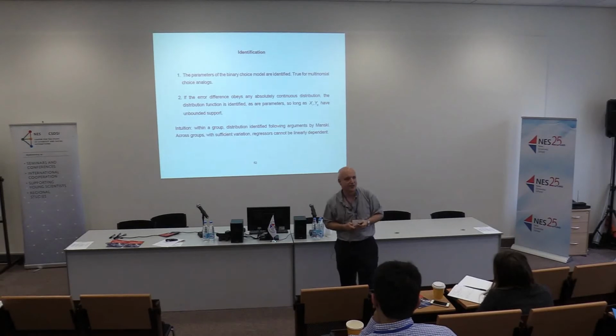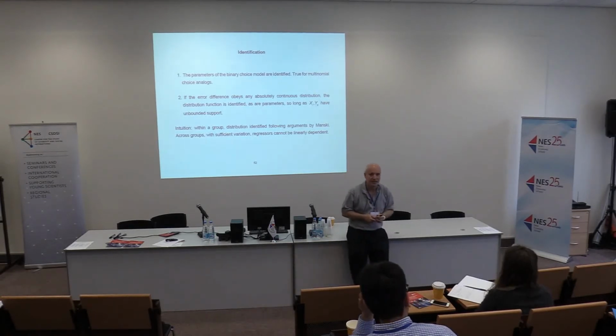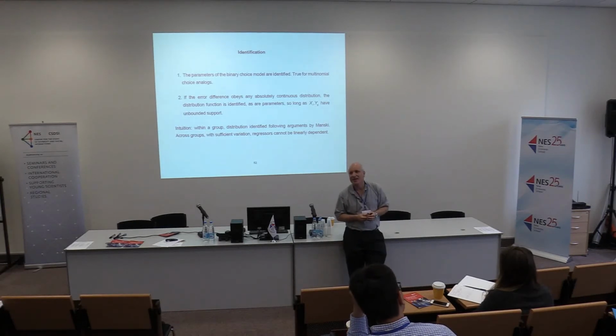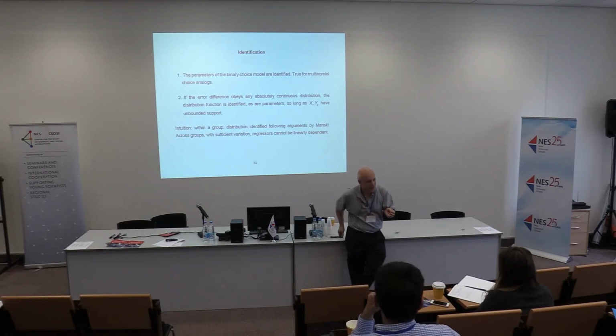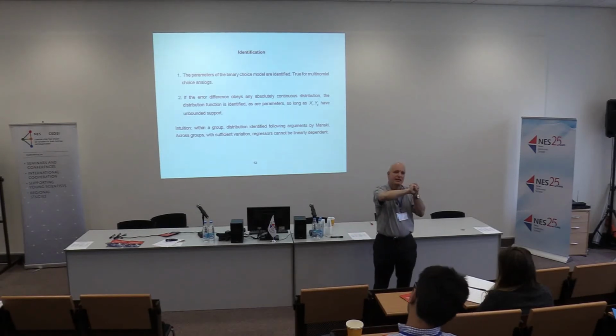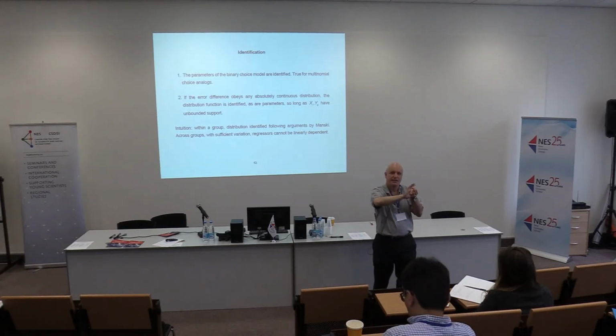This is basically a minor variation of the argument of Manski's. And that is, if I don't know the error density, I can identify the error density. So in other words, if I give you a discrete choice model of social interactions, I can identify K, C, D, J, and the distribution function for the difference of the errors.